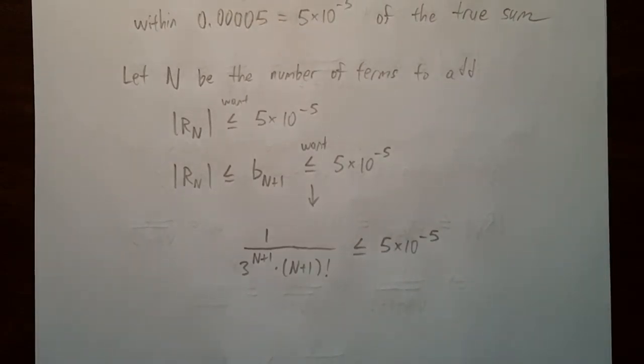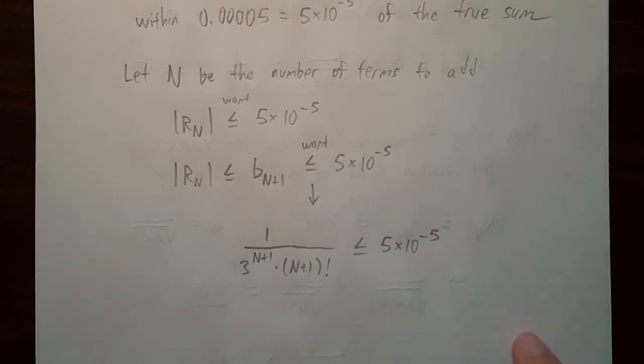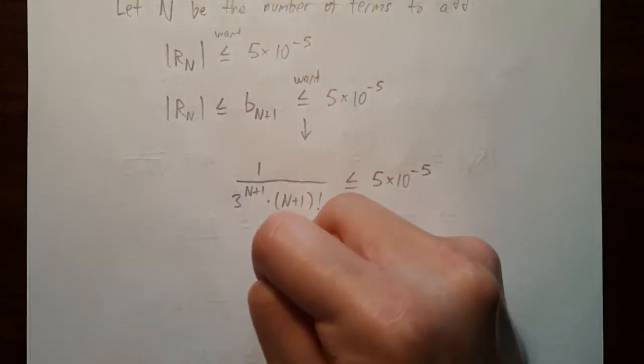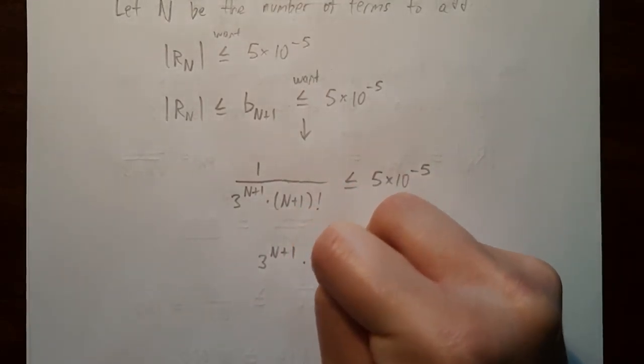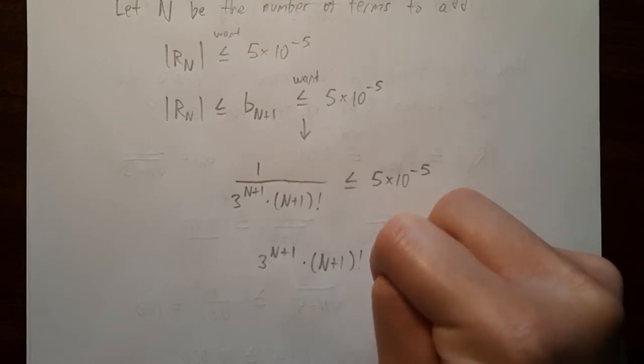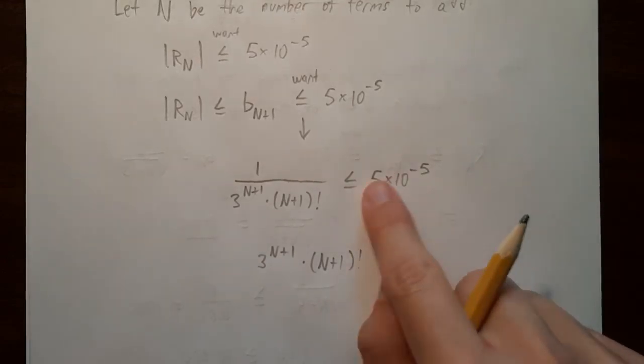All right, like before, I'm going to take the reciprocal of both sides, just so the stuff that has an n in it, which I'm trying to solve for, is not in the denominator of anything. I get 3 to the power n plus 1 times n plus 1 factorial needs to be greater than or equal to the reciprocal of this.